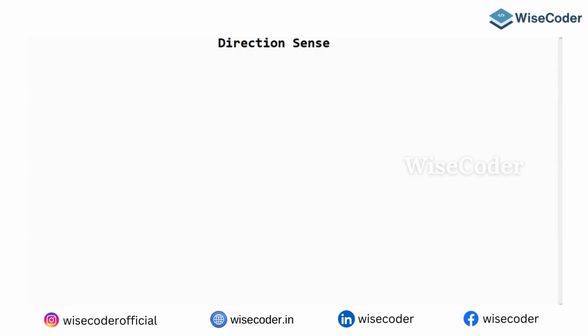See, a man started walking towards north 10 meters. Then he took his right and traveled 5 meters.